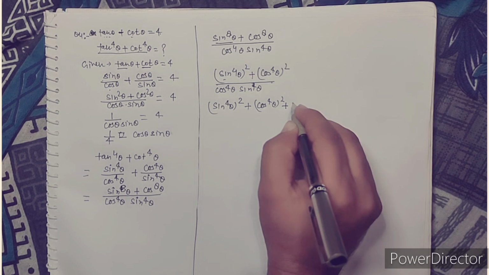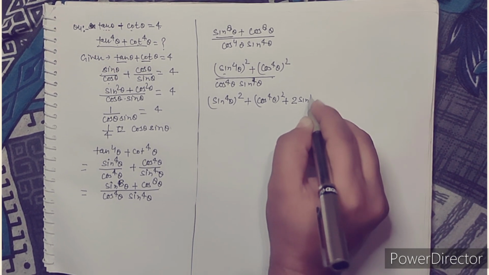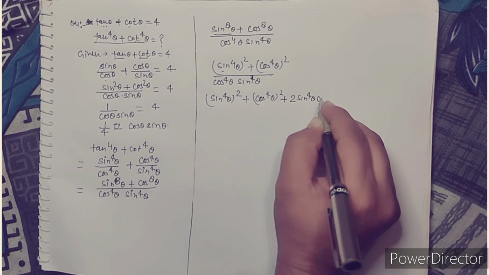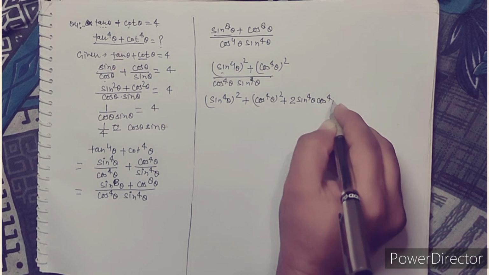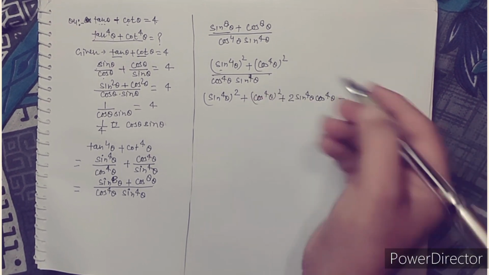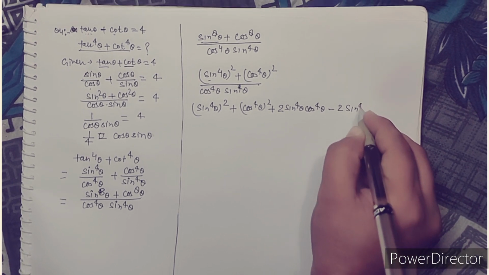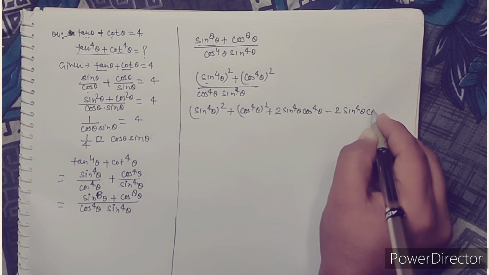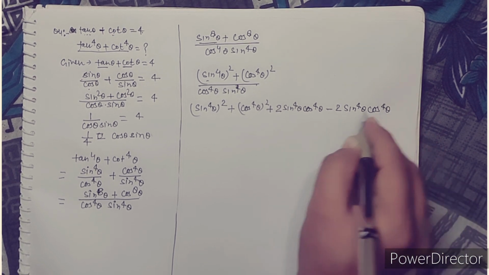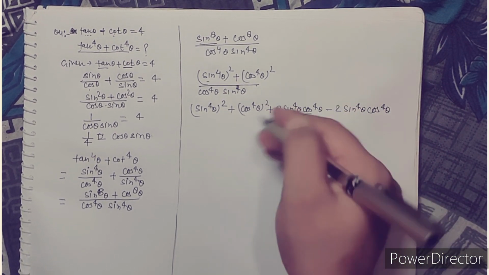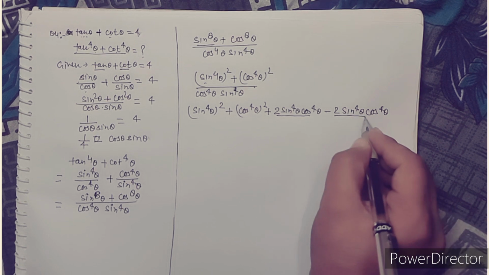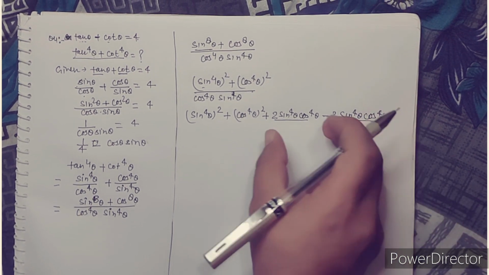We will add 2 sin to the power 4 theta into cos to the power 4 theta and we will subtract 2 sin to the power 4 theta into cos to the power 4 theta. It is the rule of mathematics. Whatever we are adding, that we will subtract so that the value can't be changed.